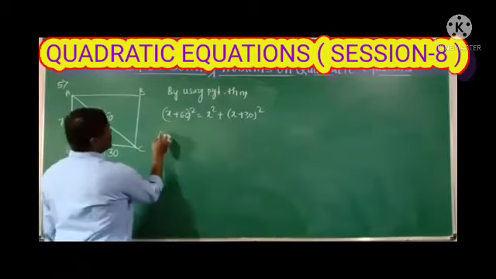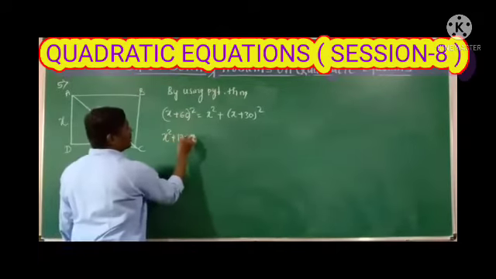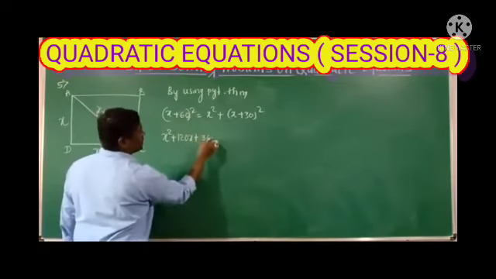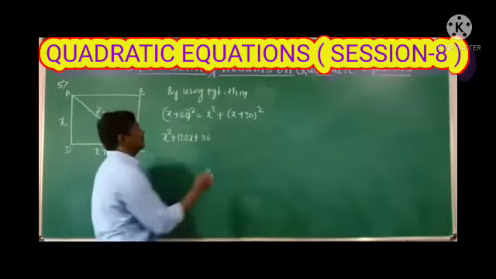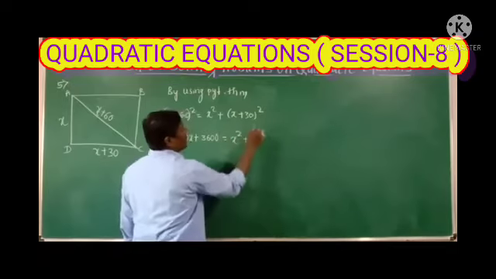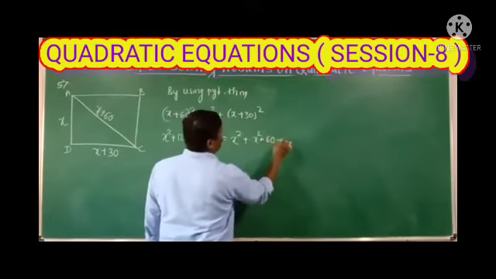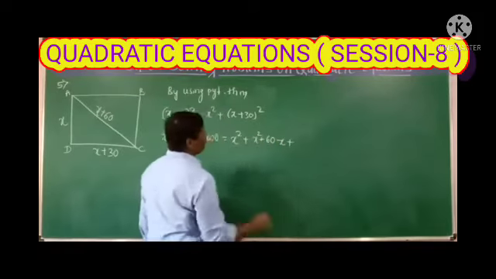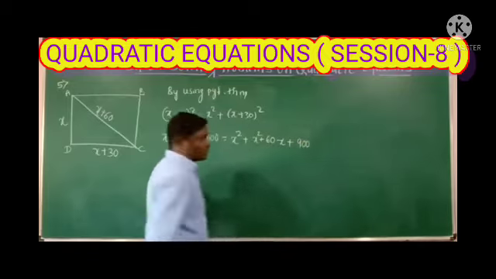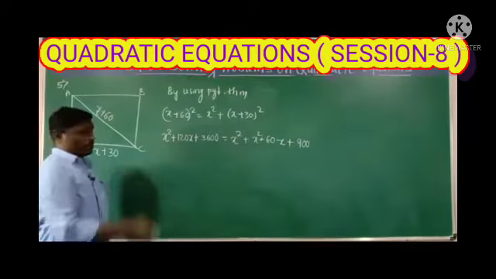So simplify this one. x square plus 2 into 60 is 120x plus 60 square is 3600, is equal to x square plus 2 into 30 is 60x plus 30 square is 900. Okay, now take all the terms to one side.